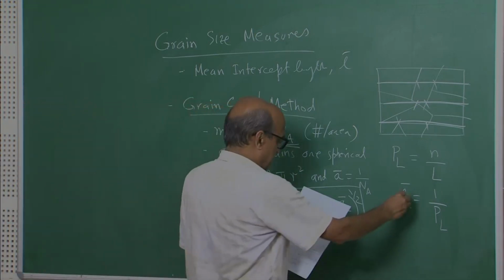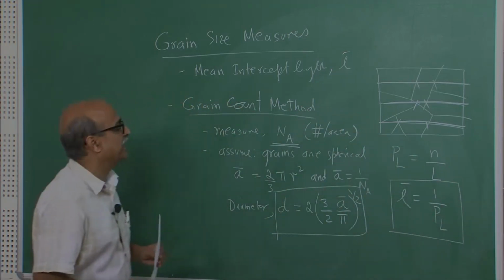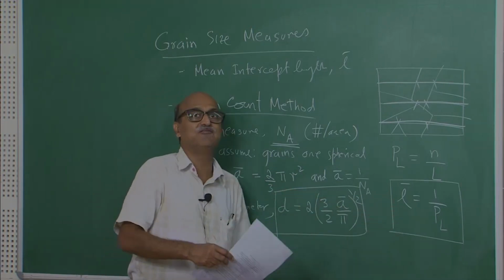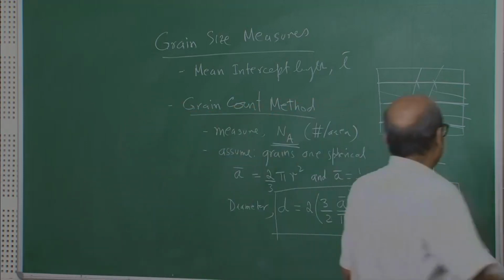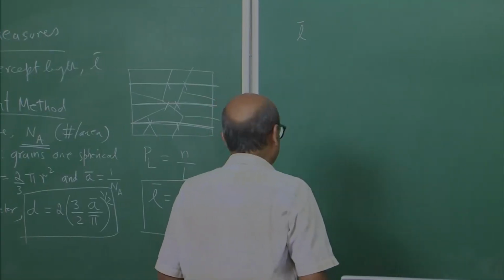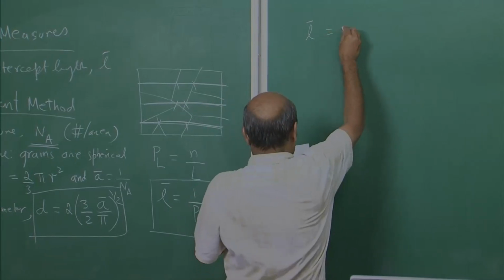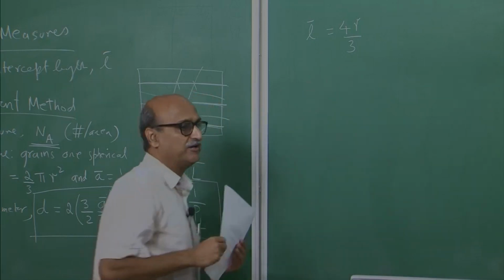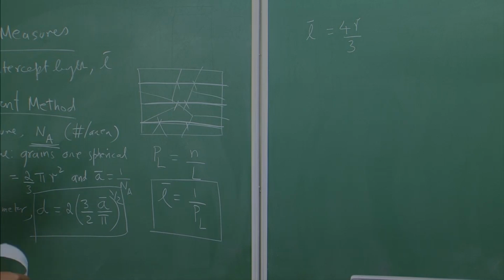Here I had made the measure of the mean intercept length, and let us see, can I relate the diameter of grain to the mean intercept length if we make the assumption that the grains are spherical. Well, again there is another stereological relationship for the mean intercept length if the grains are spherical of radius r, and that is simply 4r divided by 3. Of course, I have not derived any of these relationships, but these are directly coming from the principles of stereology.